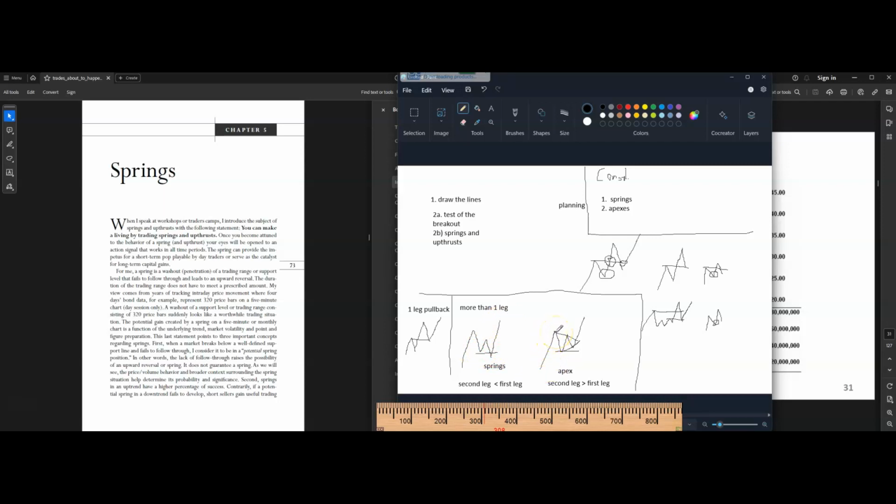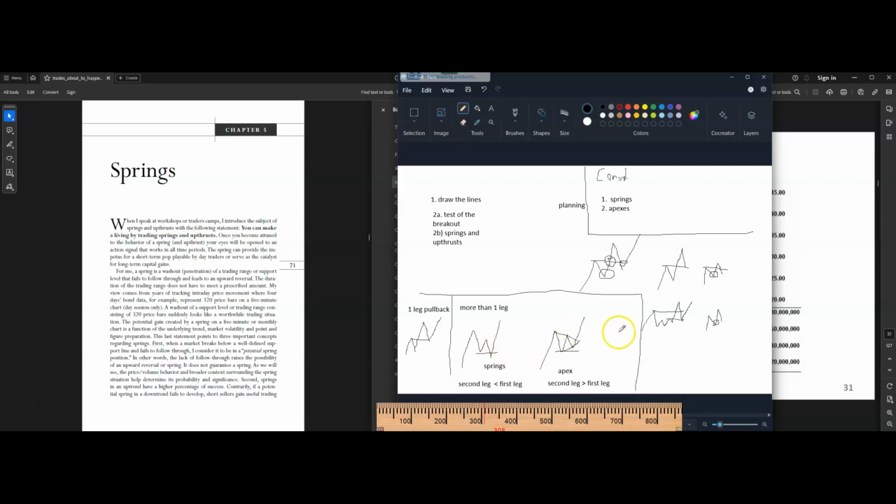In this case, the second leg makes a higher low than the low of the first leg and goes. It's very simple. Either it goes lower or goes higher, and it resolves the range. Every single other pullback is a variant of this.